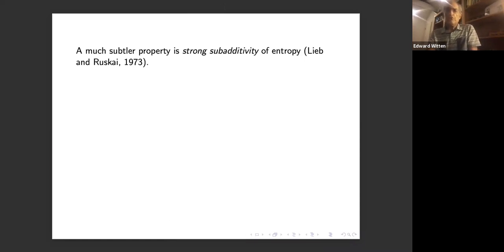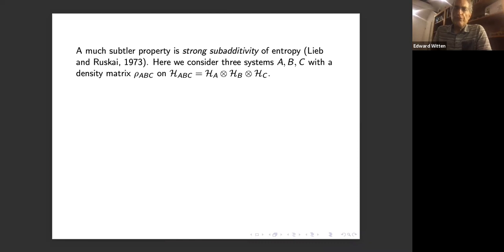Much more subtle is what's called strong subadditivity of entropy. This is a rather deep theorem. Here we consider three systems ABC with the density matrix rho ABC on the tensor product of three Hilbert spaces.